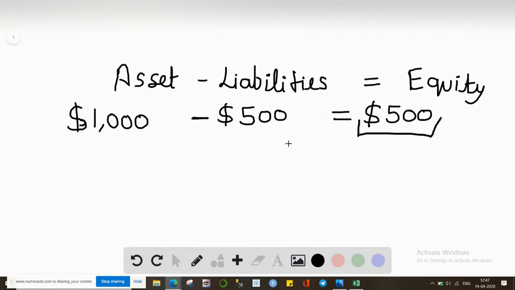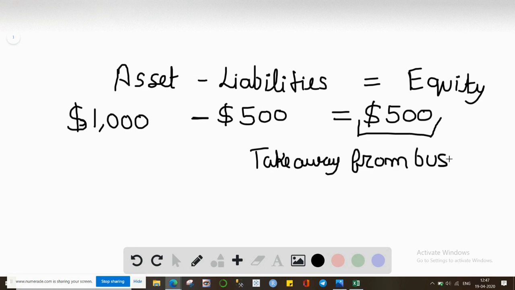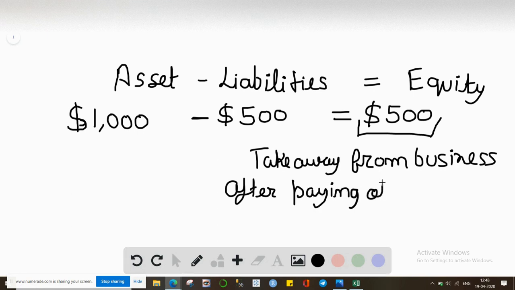You can interpret it through the equation: it's a takeaway from the business after paying off all the liabilities.